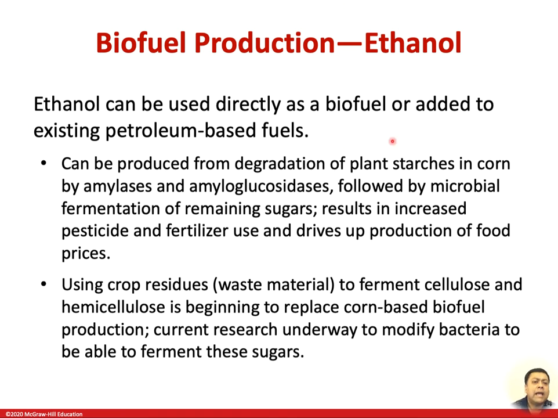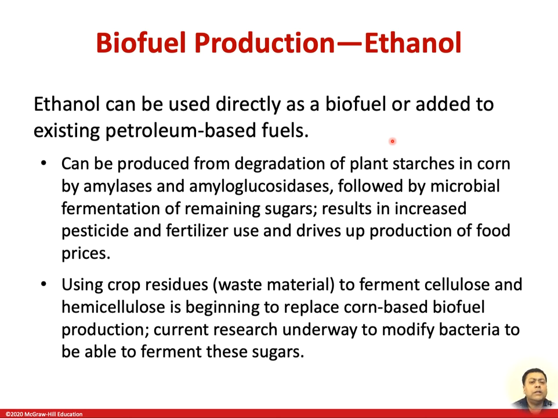Ethanol can be used directly as a biofuel or added to the existing petroleum-based fuel. You already know that there are many cars where approximately 10% of the gasoline is ethanol. And there are some E85 vehicles which run on ethanol as well. But again, that's not the mainstream, not all cars.